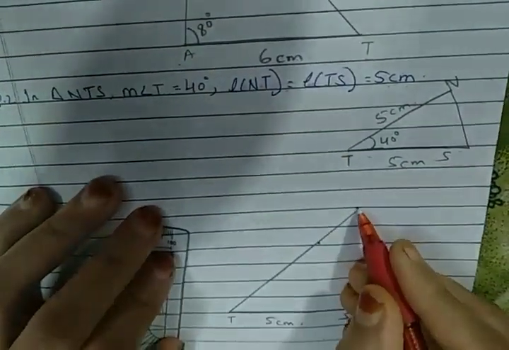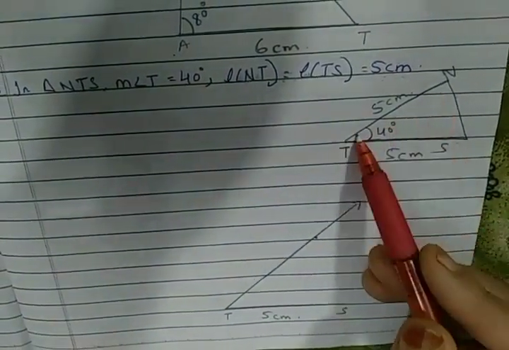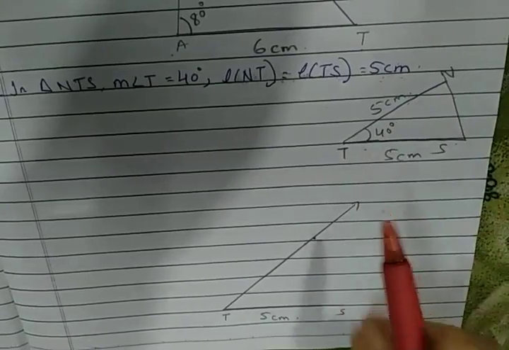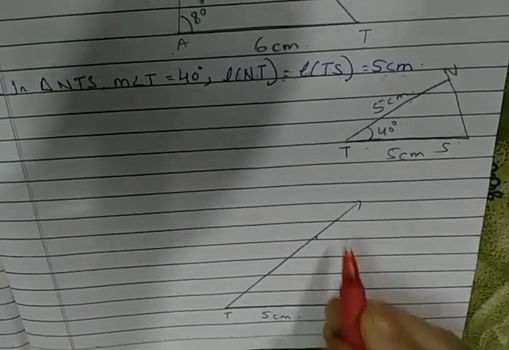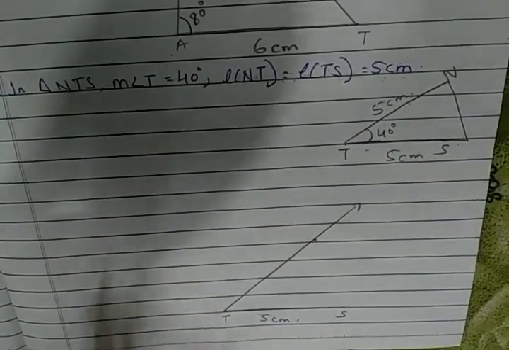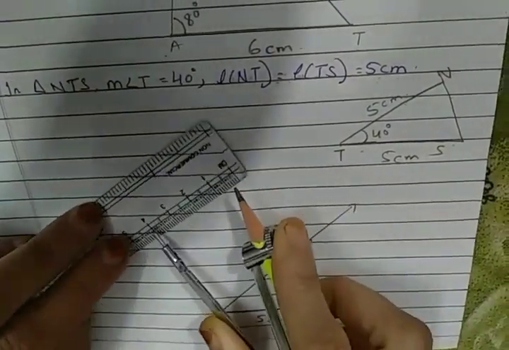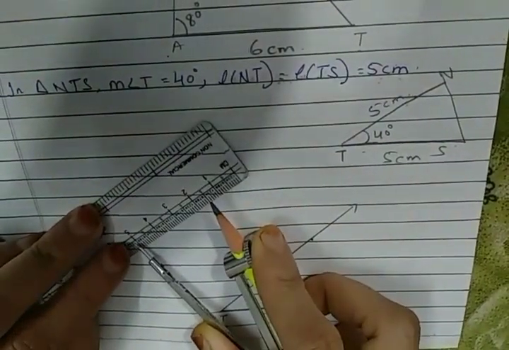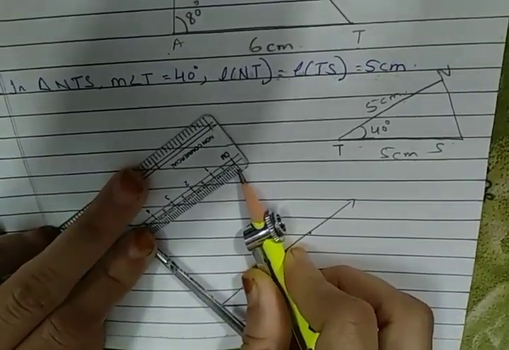Clear? Now what do we have to make? NT is 5 centimeter. So we have to draw one arc from T. First, take the length of NT, 5 centimeter, from here to here.